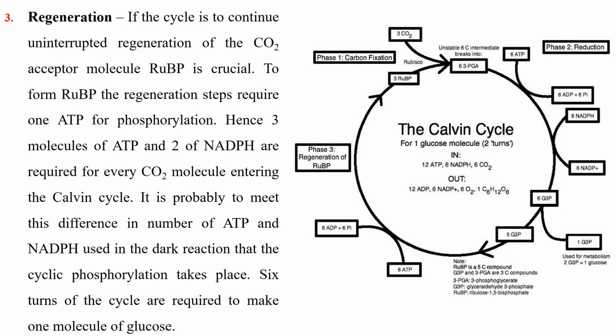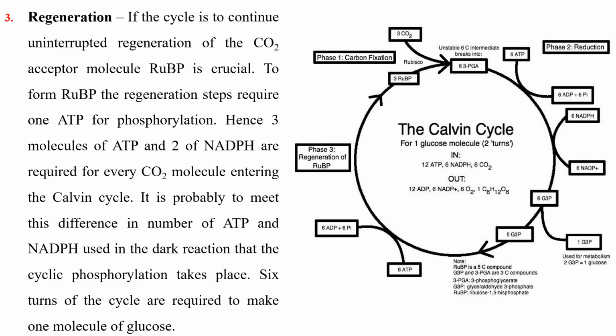3. Regeneration. If the cycle is to continue uninterrupted, regeneration of the carbon dioxide acceptor molecule RuBP is crucial. To form RuBP, the regeneration steps require 1 ATP for phosphorylation. Hence, 3 molecules of ATP and 2 of NADPH are required for every carbon dioxide molecule entering the Calvin cycle.